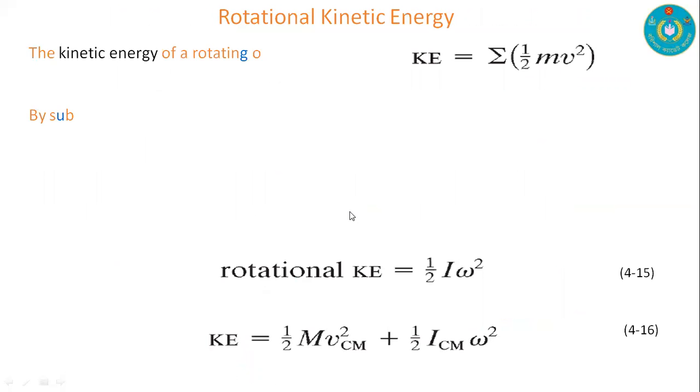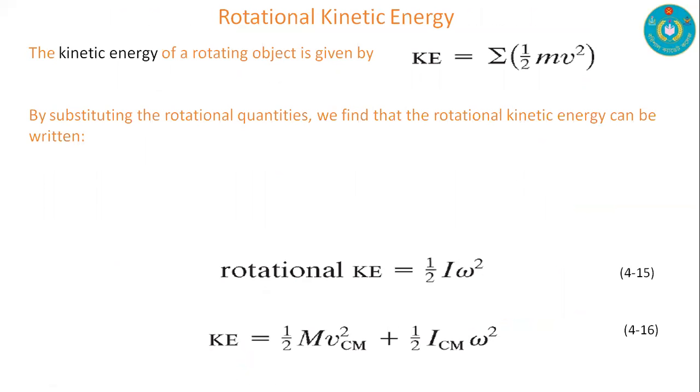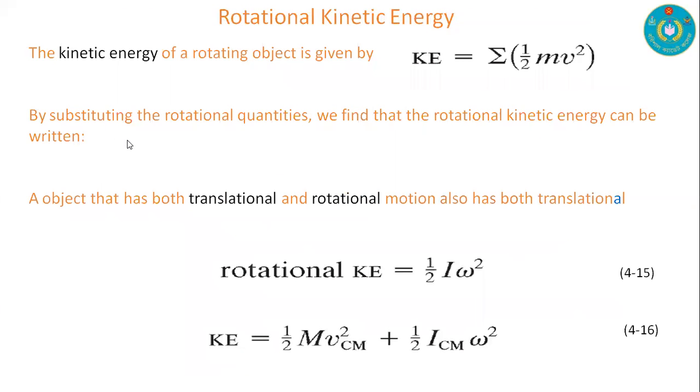The kinetic energy of a rotational object is given by E_k = ½mv². By substituting the rotational quantities, we find the rotational kinetic energy. An object that has both translational and rotational motion also has both translational and rotational kinetic energy, and we have this equation for rotational kinetic energy.